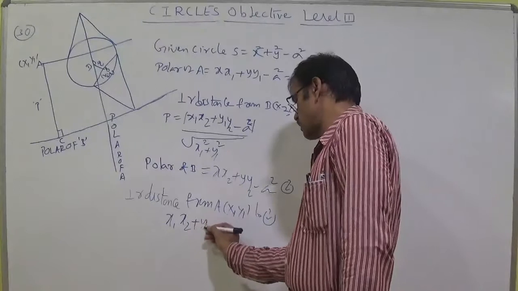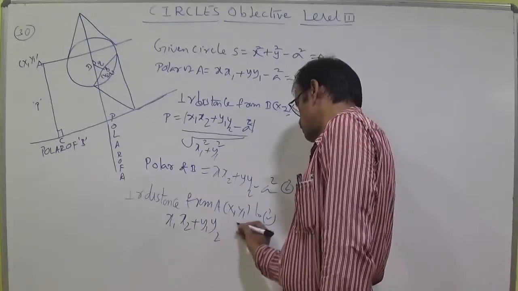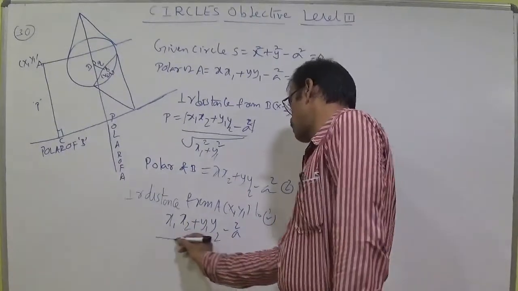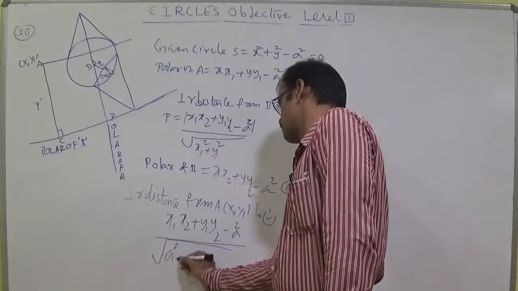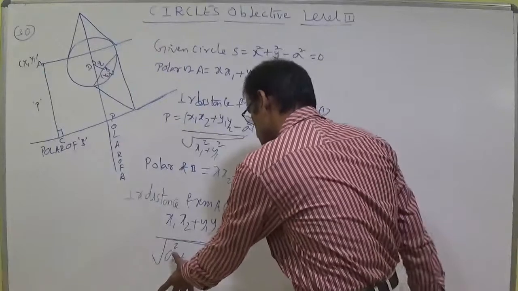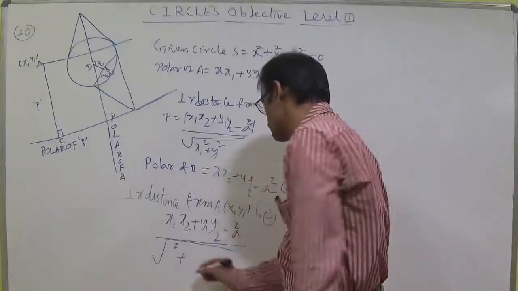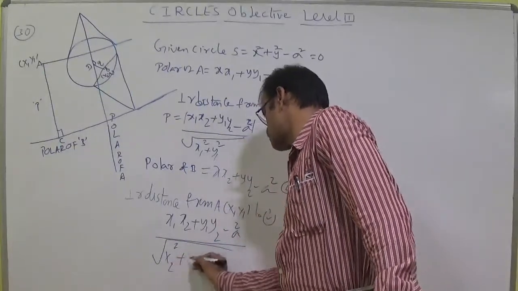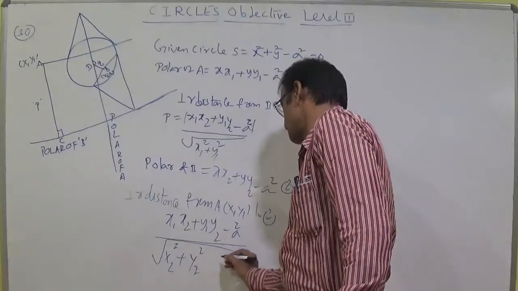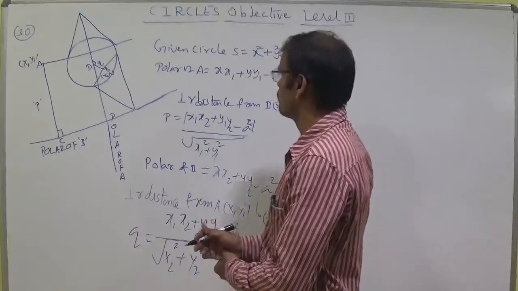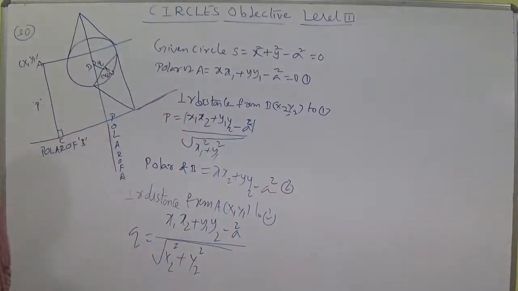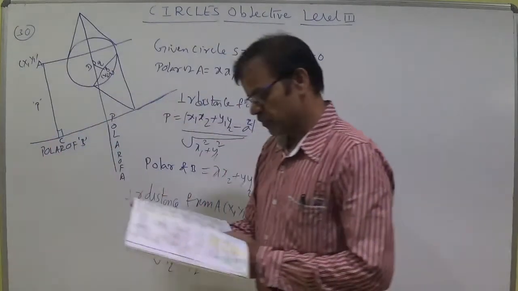So x1 x2 plus y1 y2 minus a square, whole over root of x2 square plus y2 square. Sorry, the notation here is root of x2 square plus y2 square. This is Q, the perpendicular distance to the polar of B. Maybe I changed the names.